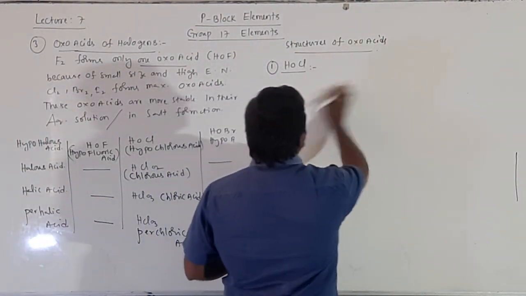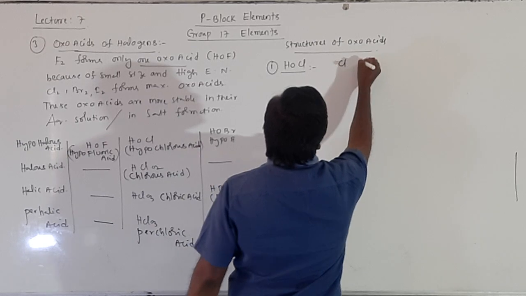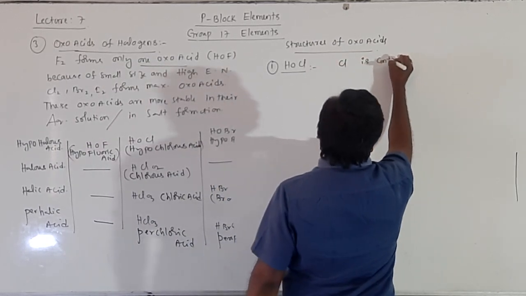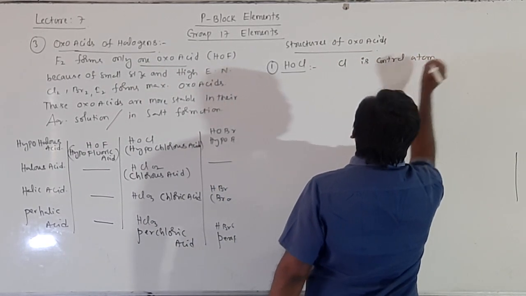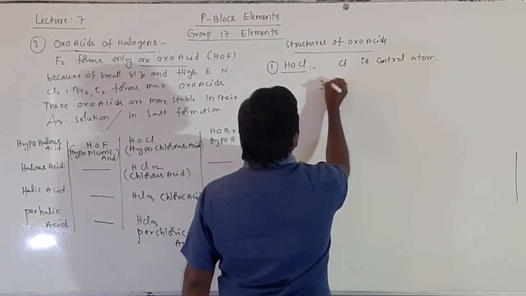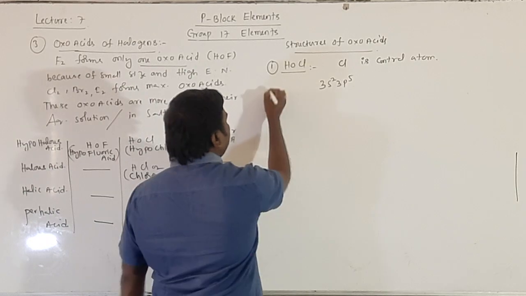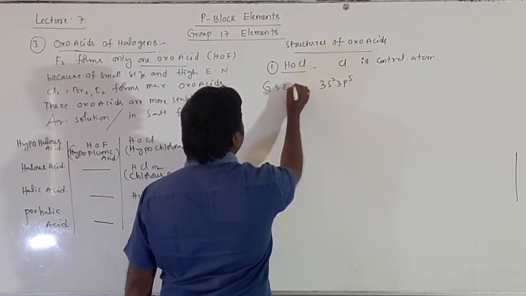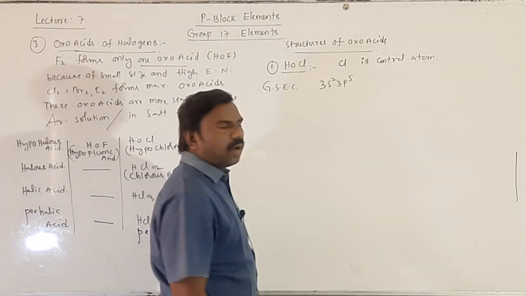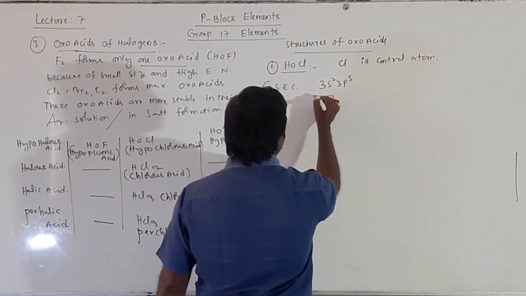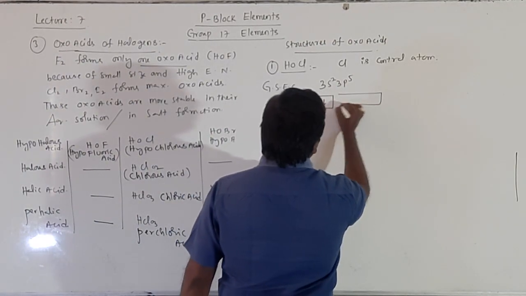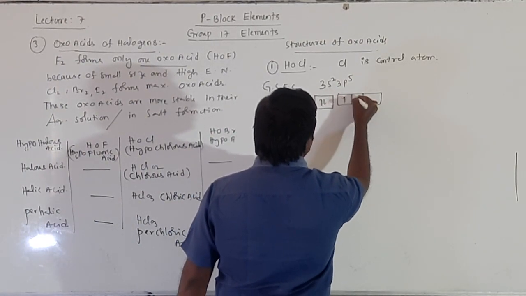Okay. Now, chlorine is the central atom. Configuration is 3s2 3p5. It is ground state electronic configuration. S contains 2, P contains 5.